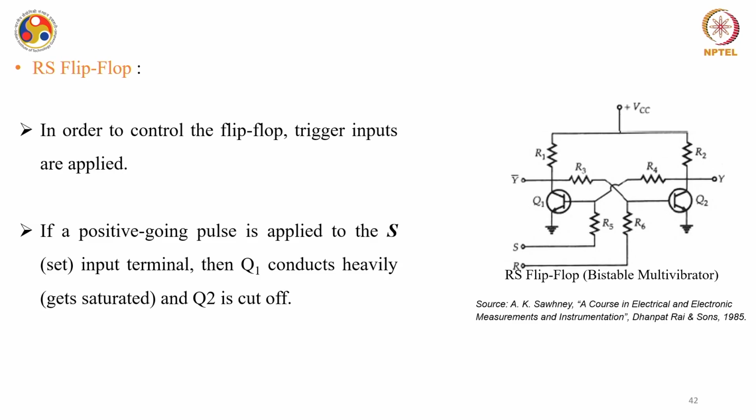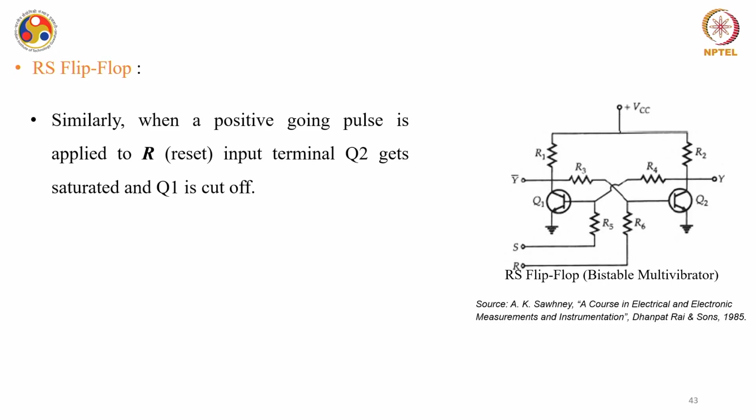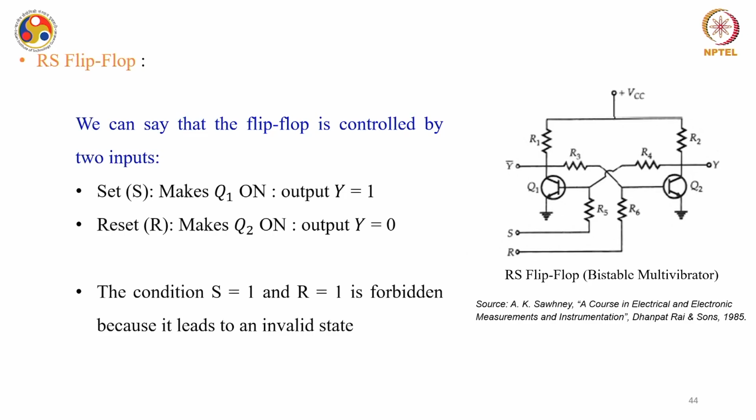Okay. In order to control the flip-flop, trigger inputs are applied, as we have seen. If a positive-going pulse is applied to the set input terminal, then Q1 conducts heavily, or you can say gets saturated, and Q2 reaches the cutoff region. Similarly, when a positive-going pulse is applied to the reset input terminal, Q2 gets saturated and Q1 is in cutoff.